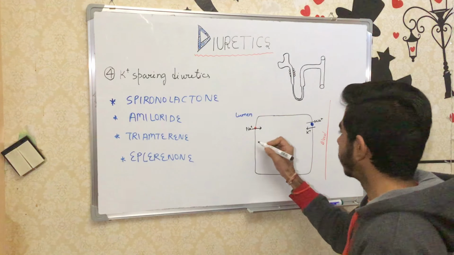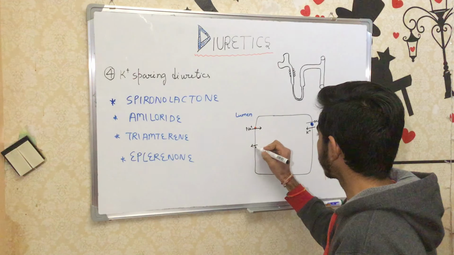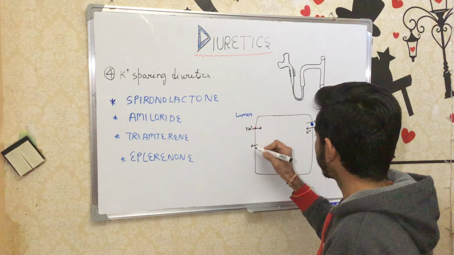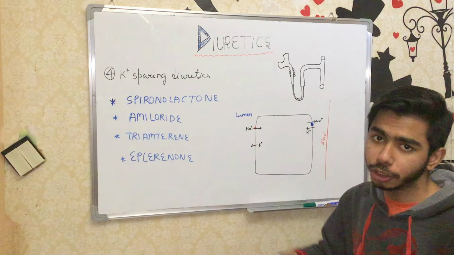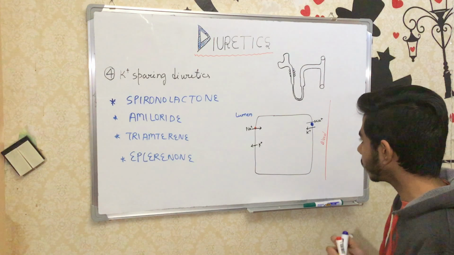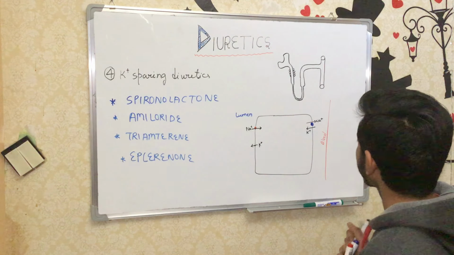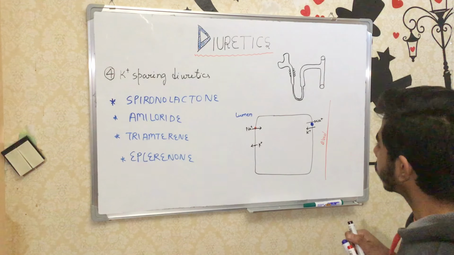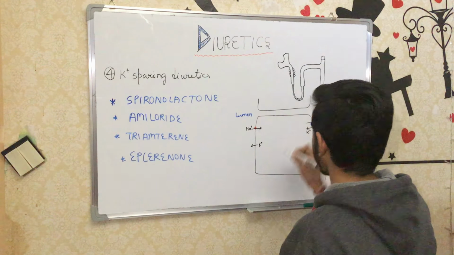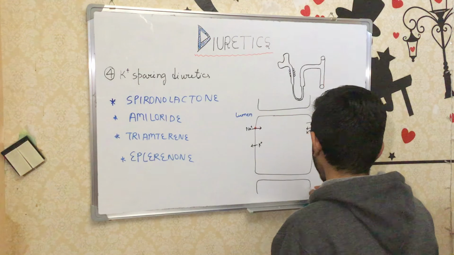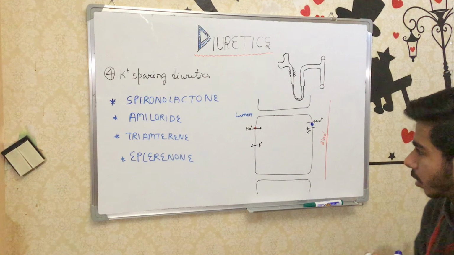And here is the potassium channel, which is bringing potassium ions outside the cell into the tubular lumen. Also the chloride ions; these are the adjacent cells.